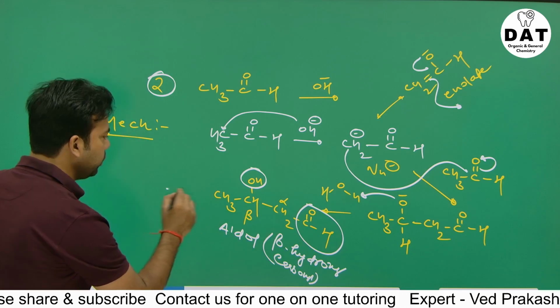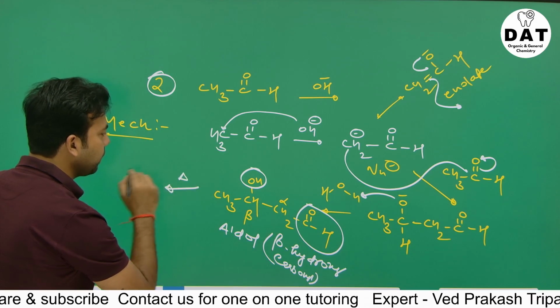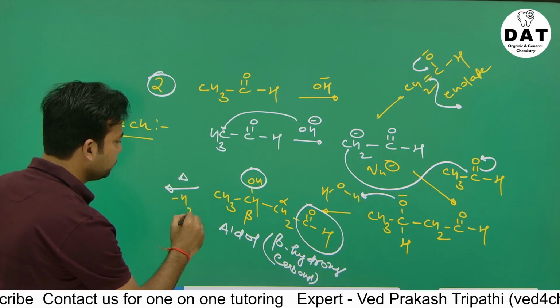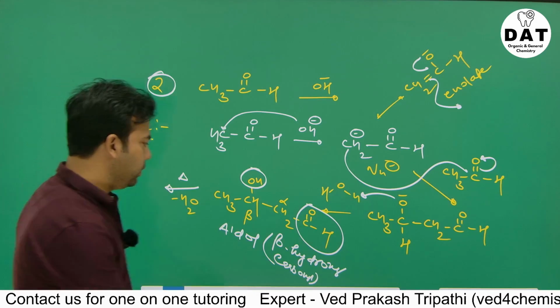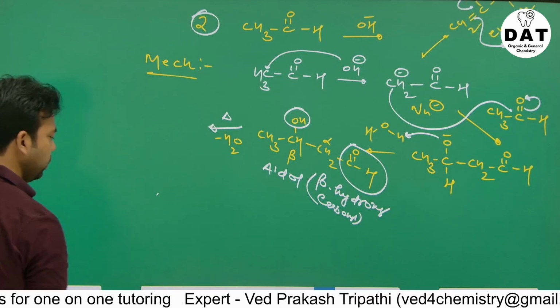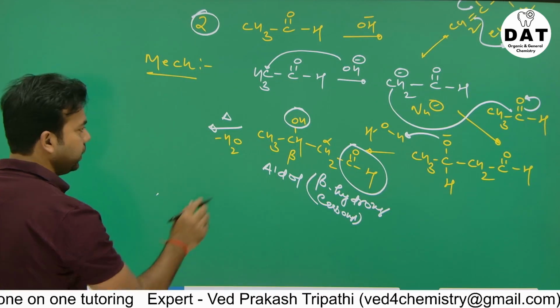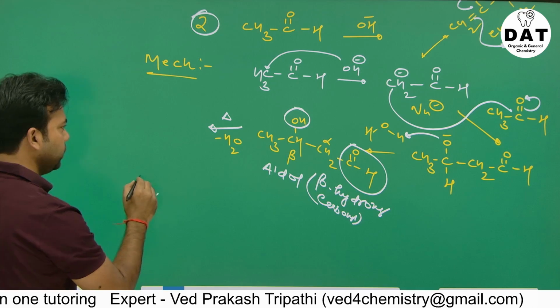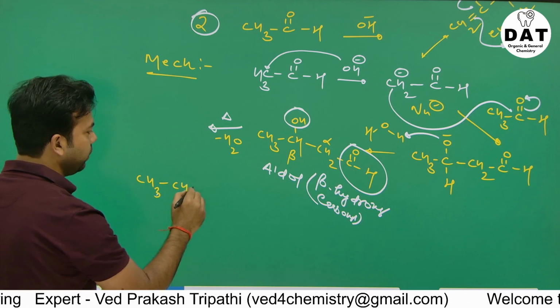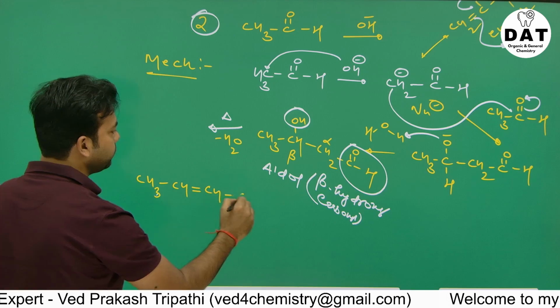Once you heat this, there is a loss of a water molecule. So once you heat this, we can remove the water molecule. My product will have a double bond between alpha and beta. So the product will be CH3 CH double bond CH CHO.